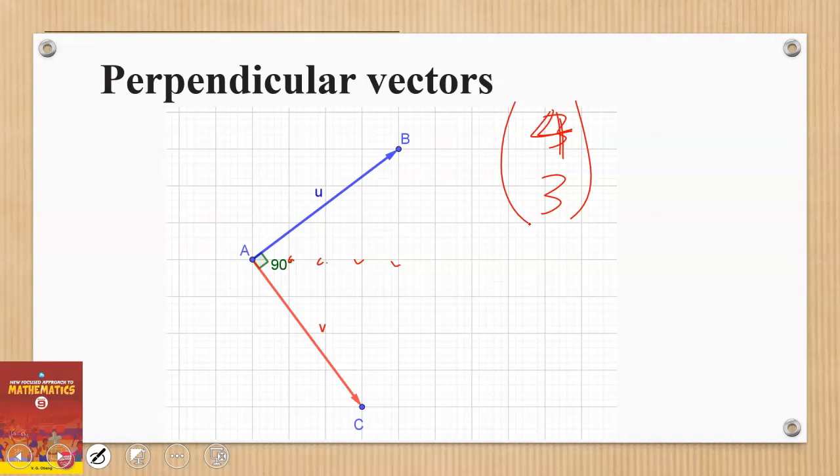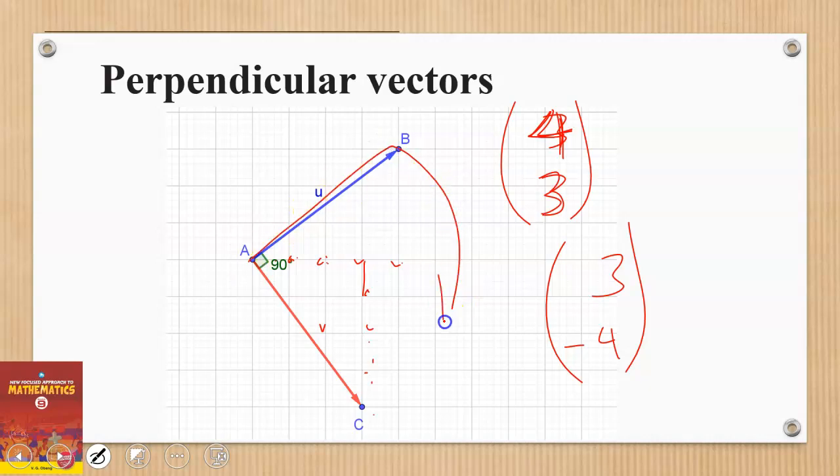Moving from A to C, I go 1, 2, 3, so 3, and then when I go down 1, 2, 3, 4, that is -4. So you can see that the vector (4, 3) has become (3, -4), which means I've rotated this vector clockwise through 90 degrees, and that is the result. So you can see that vector AB is perpendicular to vector AC.